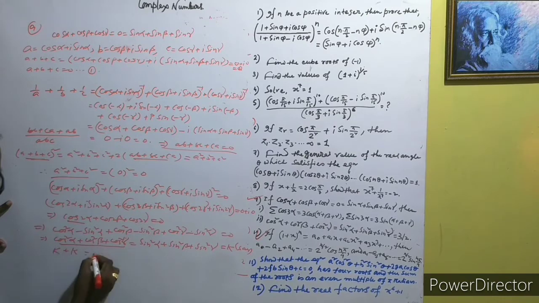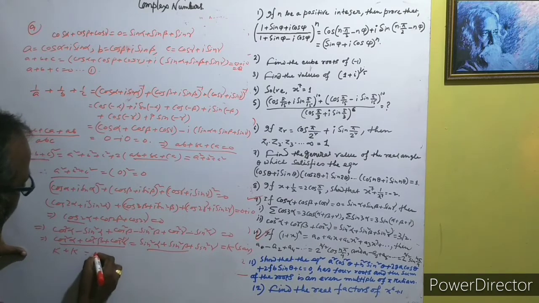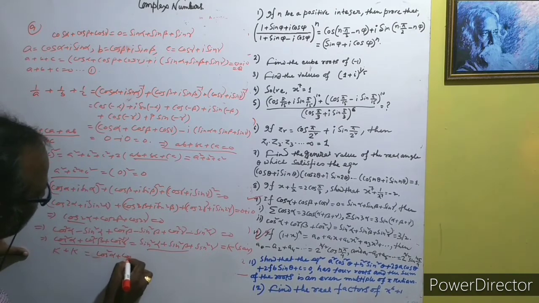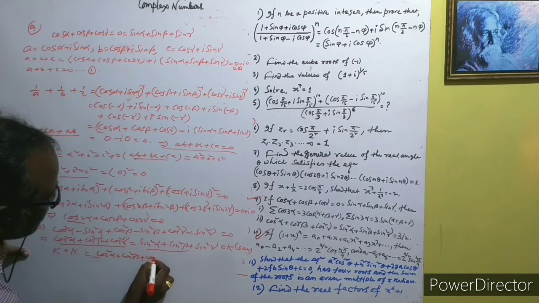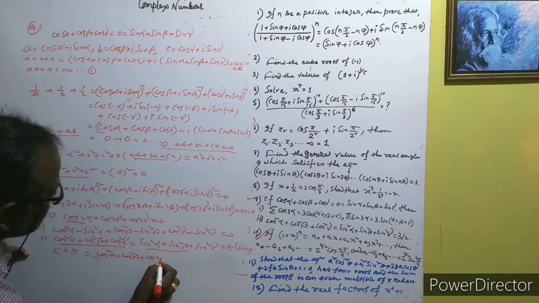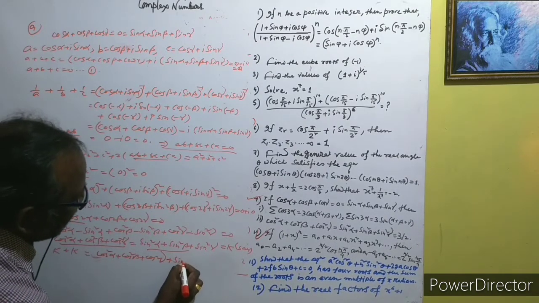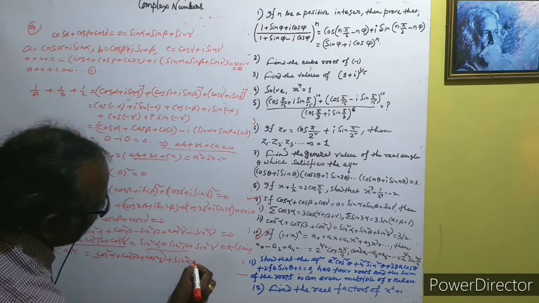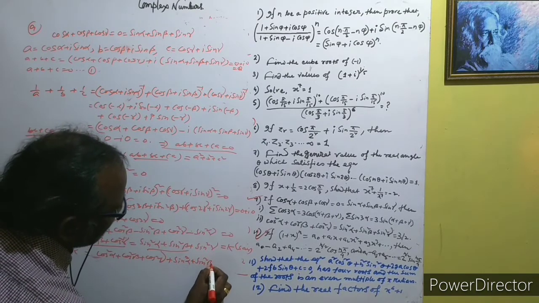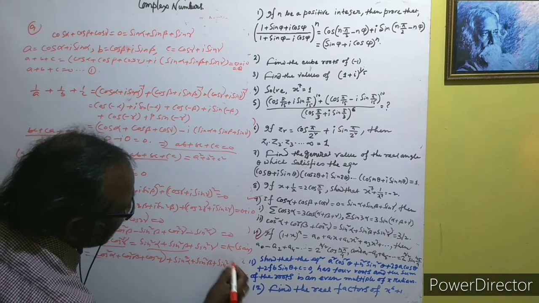Okay, in place of k we have to substitute cos square alpha, cos square beta, and cos square gamma, and the other k is this sin square alpha, sin square beta, and sin square gamma.